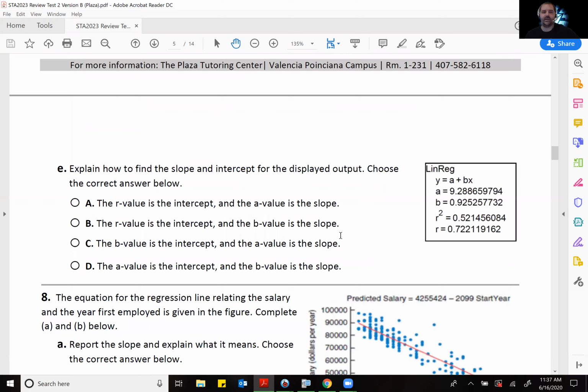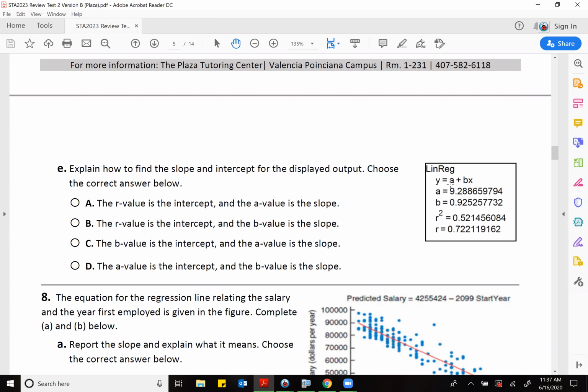All right, so part E. How do we find the slope and the intercept for this one? Would it be D? It is D, because this is the way that statisticians write it. If you think about this like y equals mx plus b, the A is the actual b from the mx plus b part.